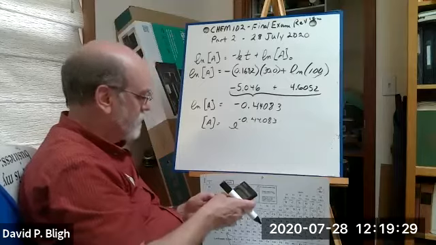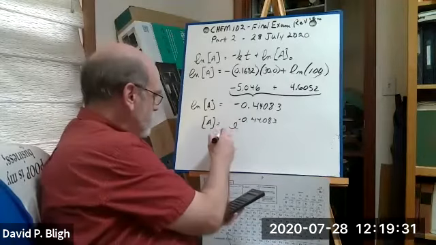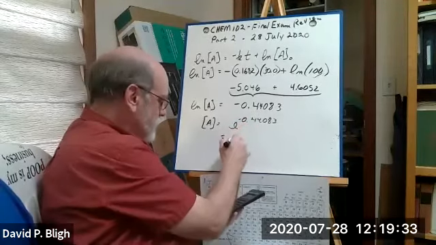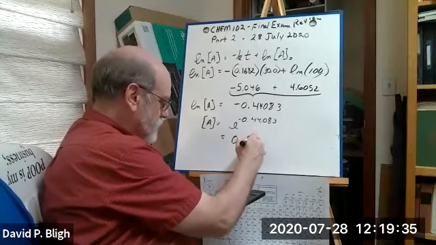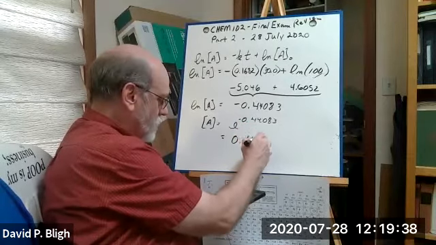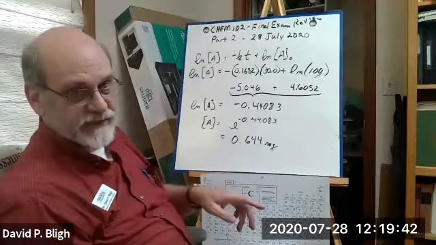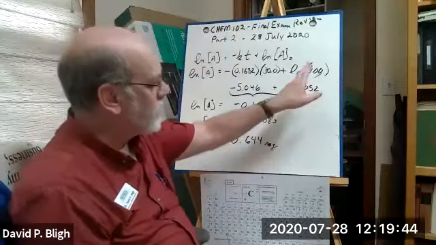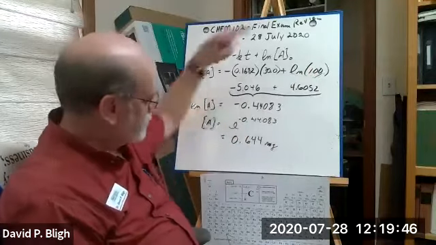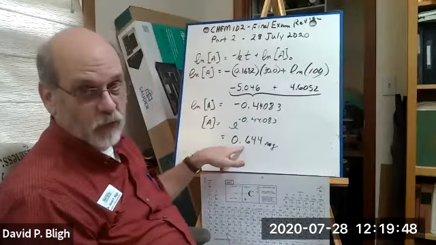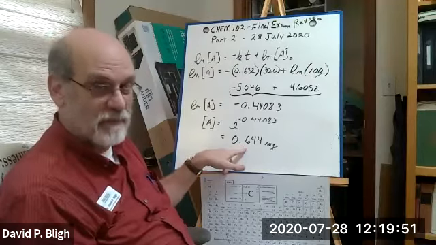Here it is. So that's equal to 0.644 milligrams. So in 30 days' time, this drug has gone from 100 milligrams down to 0.644 milligrams, or 644 micrograms.